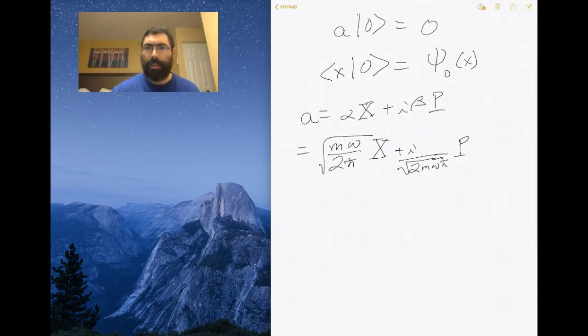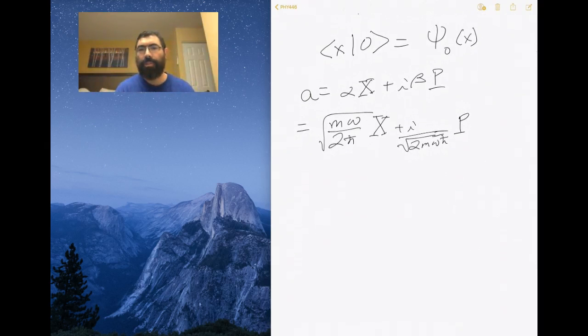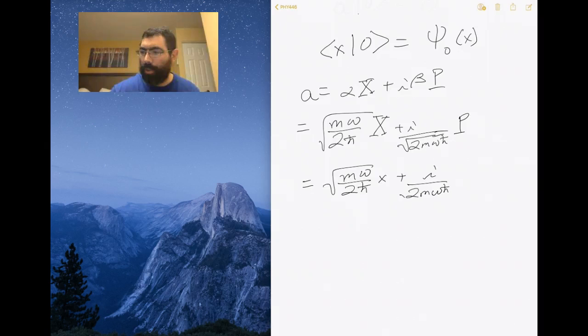And now if we put in the shape of those operators in the position basis, then we have the square root of m omega over 2 h bar times just the position x plus i over the square root of 2m omega h bar times minus i h bar derivative with respect to x.